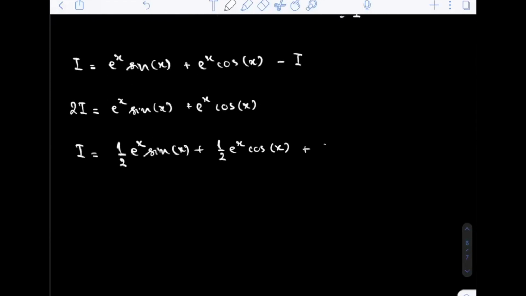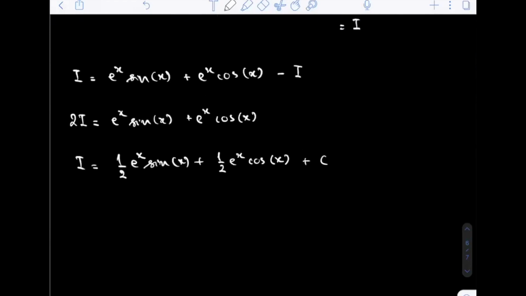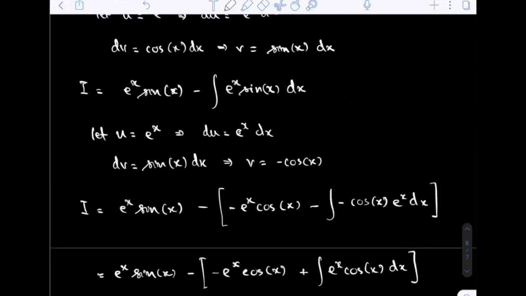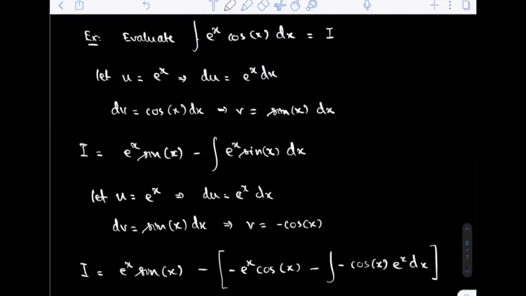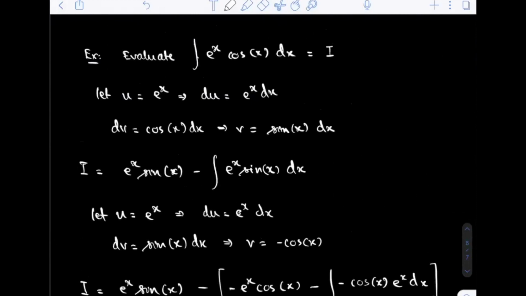And then I put the plus C at the end because this is an indefinite integral. So in a way, this particular problem shows that we have to run in a circle in order to evaluate the integral of e to the x times cosine of x.